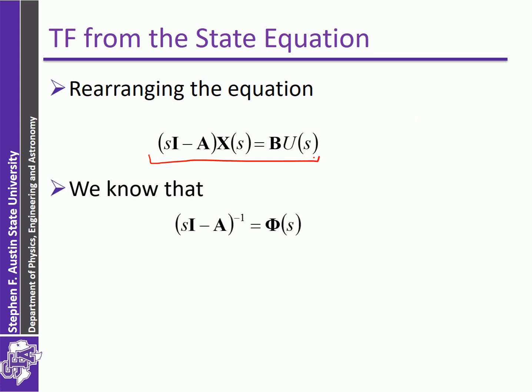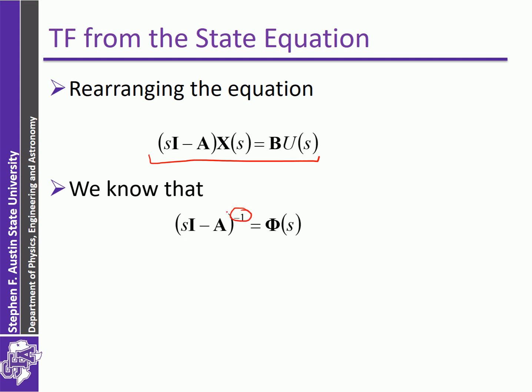So the next step is we're going to define what we call our state transition matrix in this way. So our state transition matrix will be defined as s times the identity matrix minus the matrix A, all of that inverse, or the inverse of that matrix.